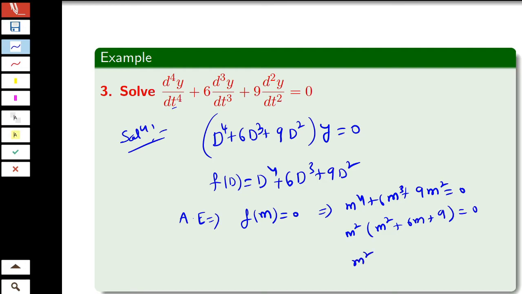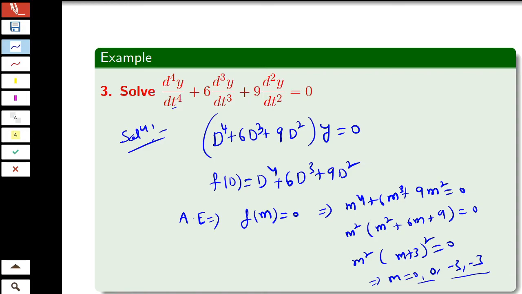So here you can write (m plus 3) whole square equal to 0, I think, since m square plus 6m plus 9 equal to 0. This implies m square equal to 0, meaning m equal to 0 comma 0, and here minus 3 two times. So 0 is repeated 2 times, minus 3 is repeated 2 times. Either you can write minus 3 first, then 0 second, also fine.